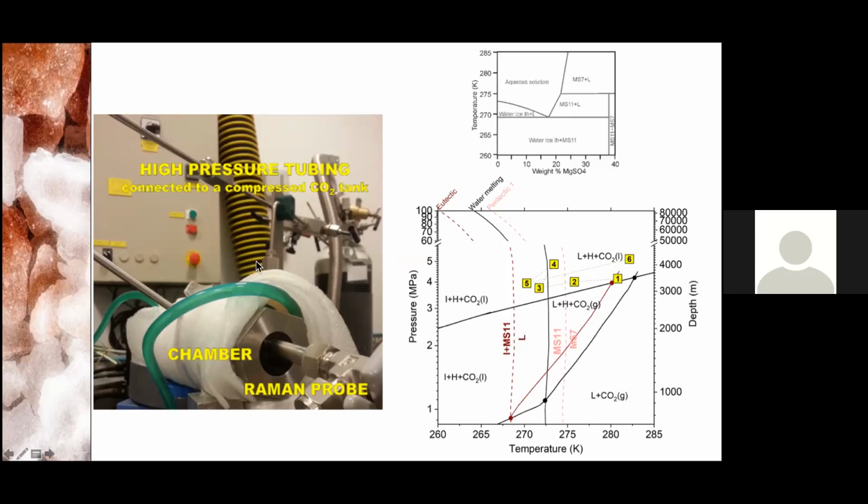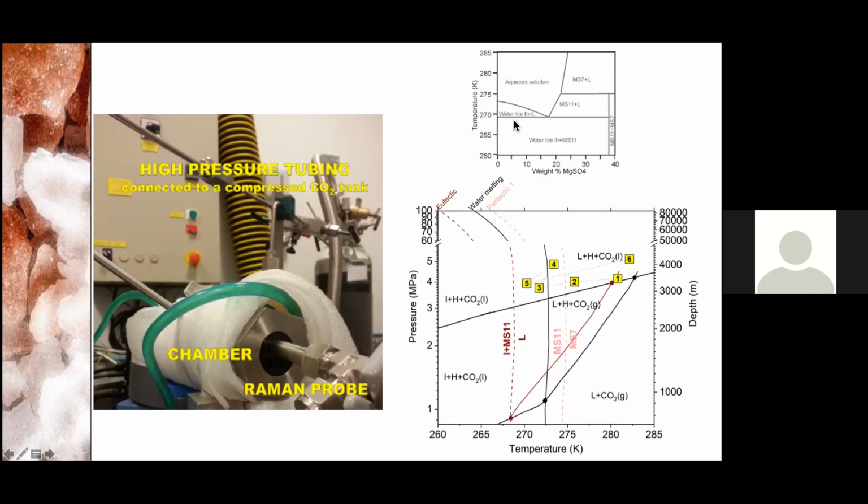Okay, so below here you can see how both binary systems, the clathrate hydrate system and the salt system, are related in a pressure temperature phase diagram for eutectic composition. So again, this is the dissociation curve. In this part, you have clathrate hydrates, and in this part, you dissociated the clathrate hydrates.